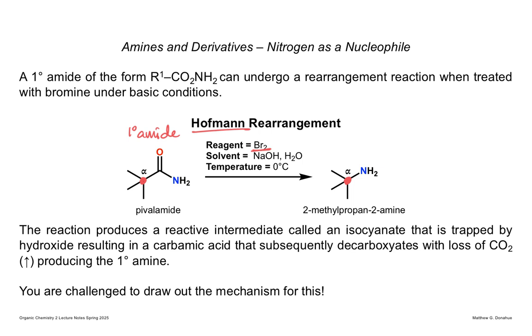So I won't have time to draw the mechanism. I'll draw what the intermediate is. The mechanism's in your book, you can check that out. But the intermediate that's formed looks like that.